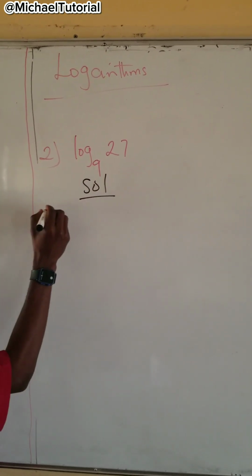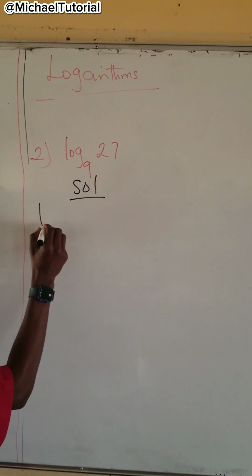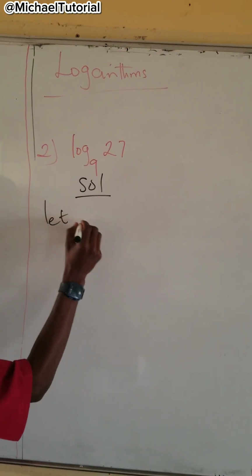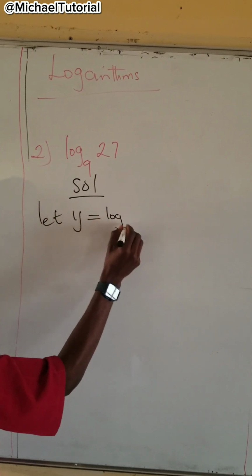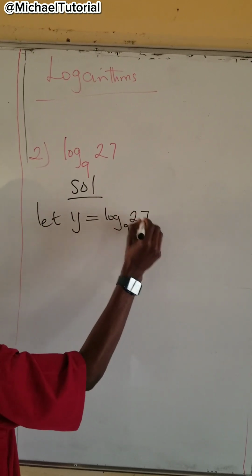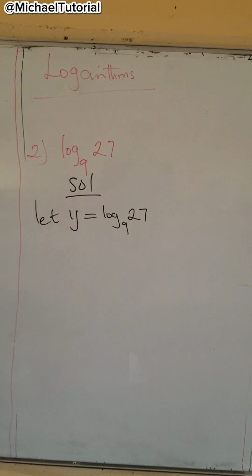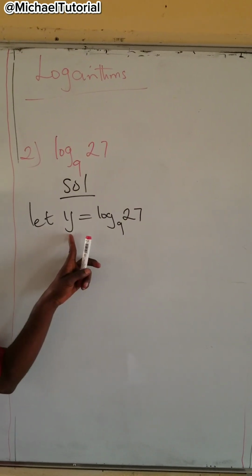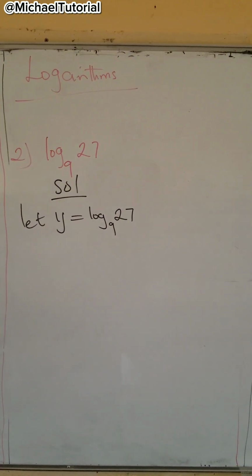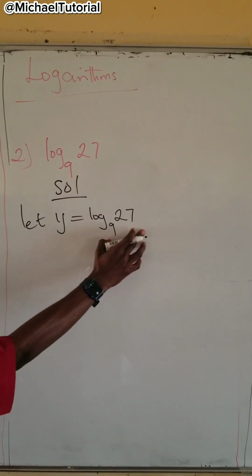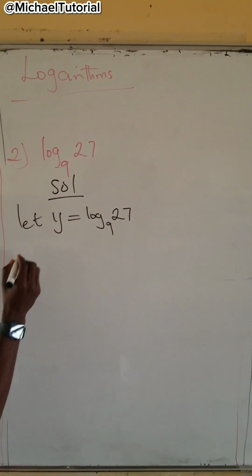Like the first question, let us start by letting y be equal to log 9 of 27. Now, you see that I'm using y instead of the x we used previously. So y is equal to log in base 9 of 27.